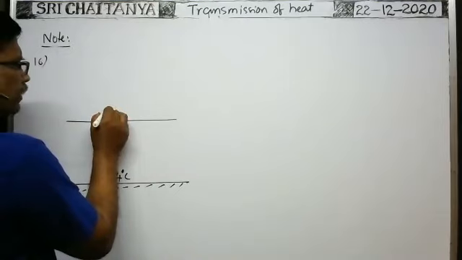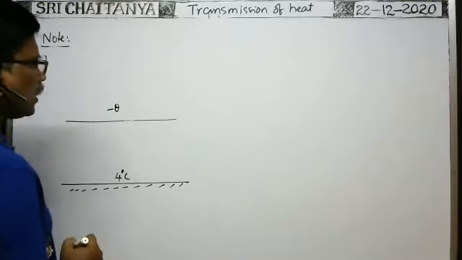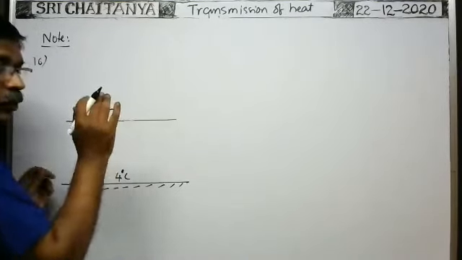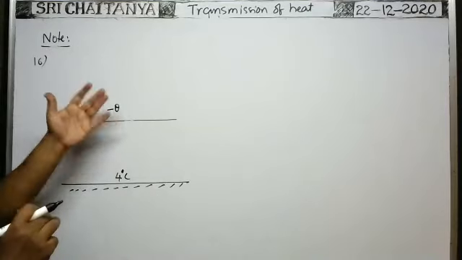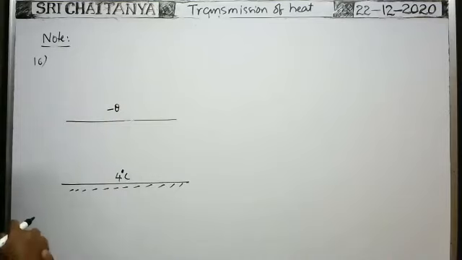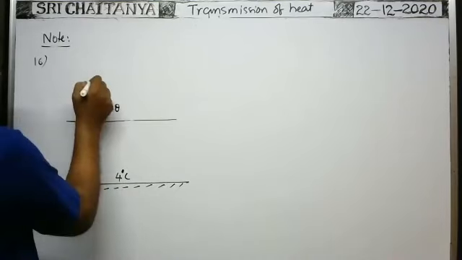The atmospheric temperature is minus theta, because in cold countries negative temperatures are there. So -2, -3, -4 like that. So atmospheric temperature is this one.